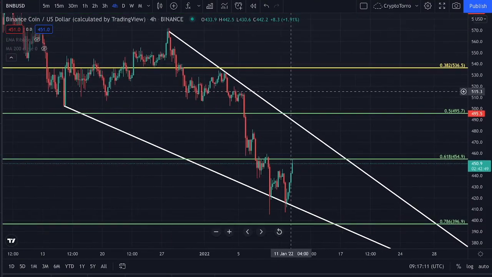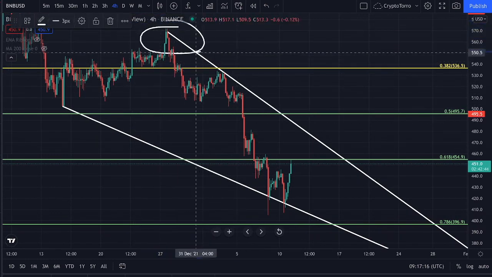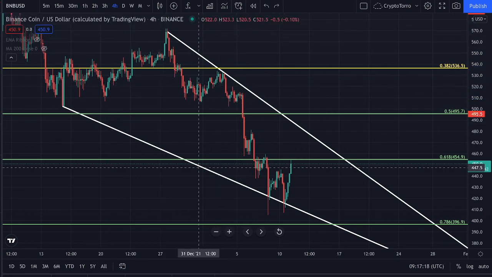So on the 4-hourly time frame, what you're seeing here is that we already saw two touch points underneath this descending resistance, so that's for sure something I think is quite interesting.